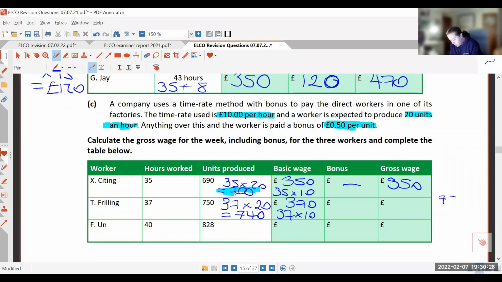They've done 750 units, 740 was their minimum, they've got 10 more, and they get 50p per unit, so 10 times 0.5. By my reckoning, it should be £5. Yes, just checking that. They get £5 bonus, add them together, £375.